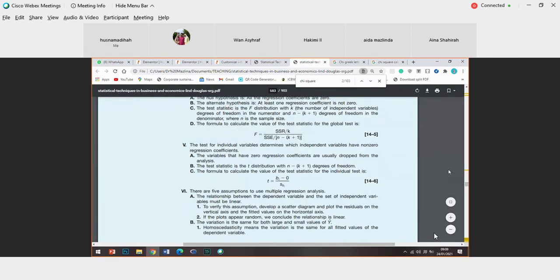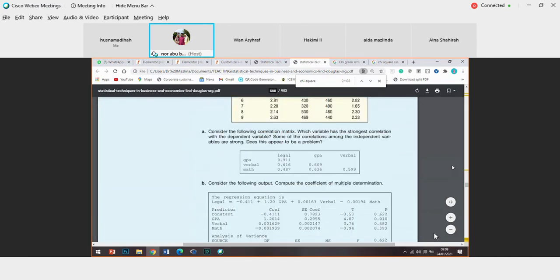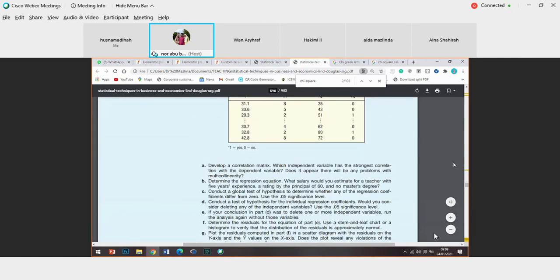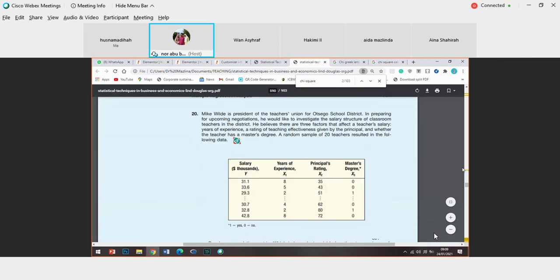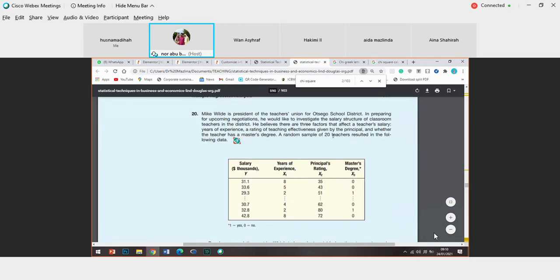Sekejap okay, this is the one. Okay, let's say you have, if you look at the question here, yang ni dia ada berapa data dia? Oh, this is 20 teachers, right?